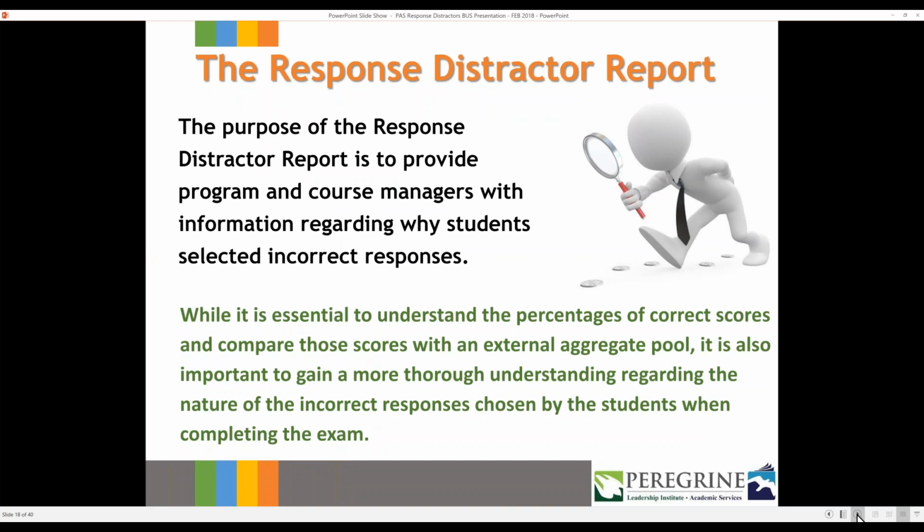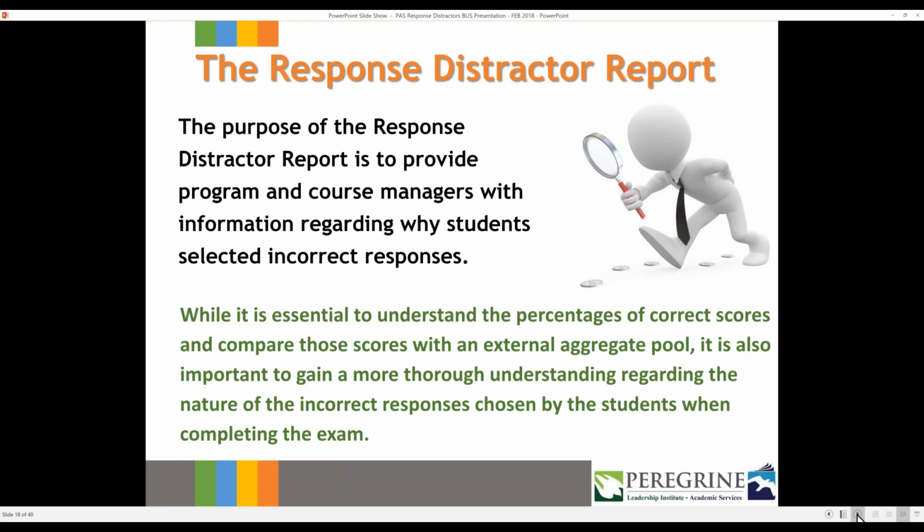All right, so as I mentioned, for the program coordinators and the course managers, we want to provide them with information as to why their students are answering questions incorrectly. So far, the reports before the response distractor report have looked at percent of questions answered correctly, and we're comparing it against each other, for internal evaluation or external benchmarking.